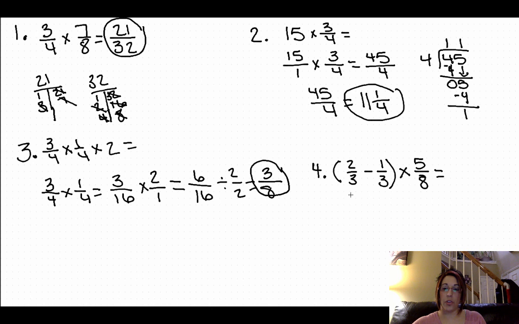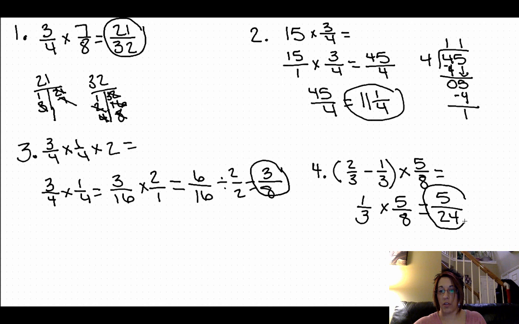So 2/3 minus 1/3 is 1/3. We can drop our parentheses and multiply 1/3 by 5/8. 1 times 5 is 5. 3 times 8 is 24. 5 is prime, and 5 won't go into 24, so we are simplified.